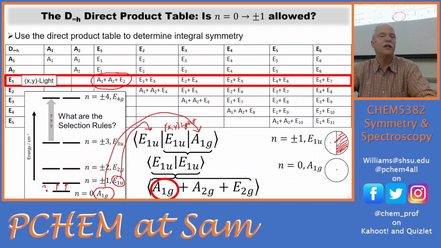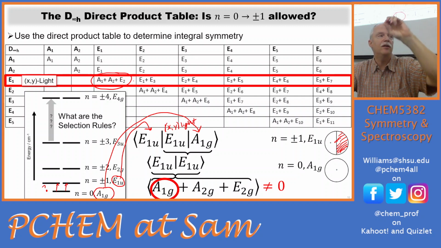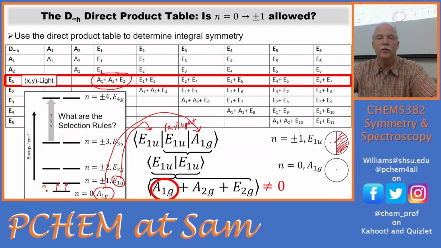So we have A1g in the result, and so this is not equal to 0, so that's an allowed transition. Now that one's pretty easy because we have A1g as our ground state. Now it gets a little more complicated because we have E1 and E2 and E3 and so on. So we're going to be hopping around this direct product table. Any questions about this before we move on?